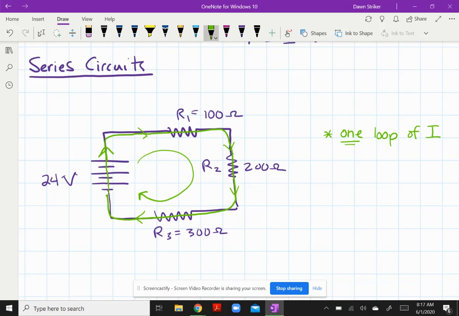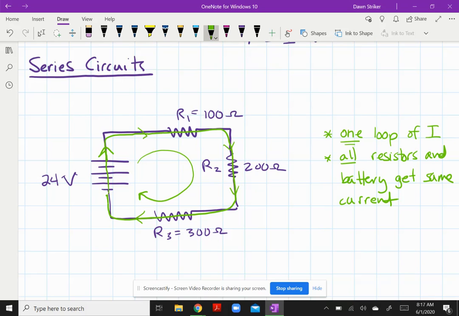And that means every single resistor gets the same current, and the battery gets the same current. That is true in series. It's not true in parallel. All of the resistors receive the same current. The battery provides that current, and current is the same everywhere.